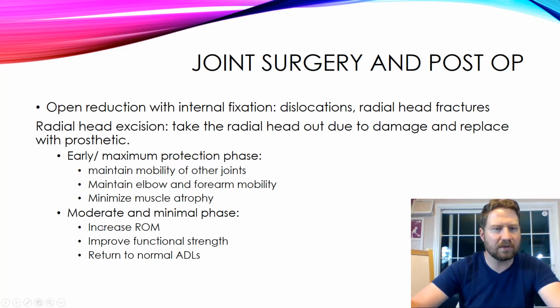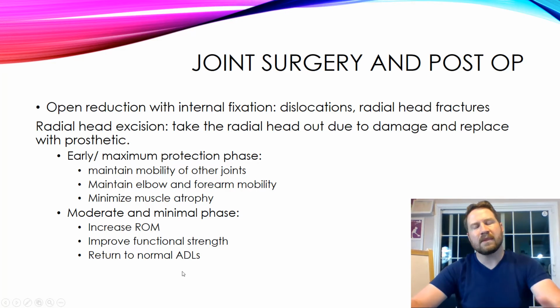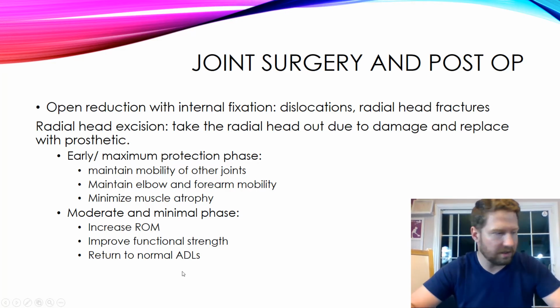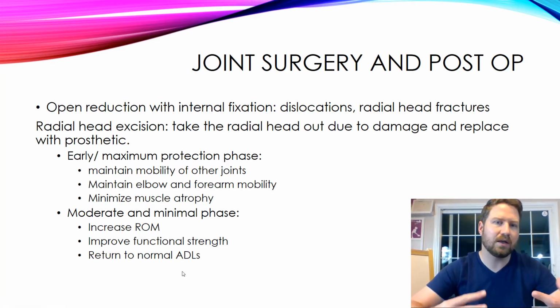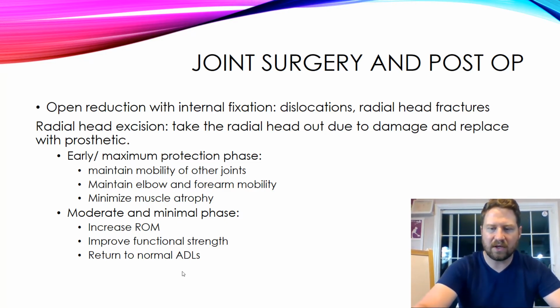Moderate and minimal phase, we're going to increase range of motion, improve functional strength, and return to normal. So I know these are all very broad terms and broad descriptions, but as we get into it during lab, you'll see the basic strategies that we use.